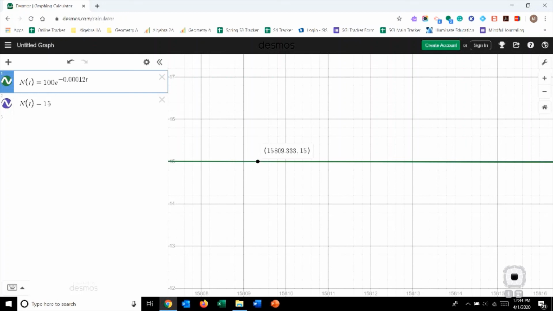It will take 15,809 years for it to reach 15. So t is equal to 15,809 years.